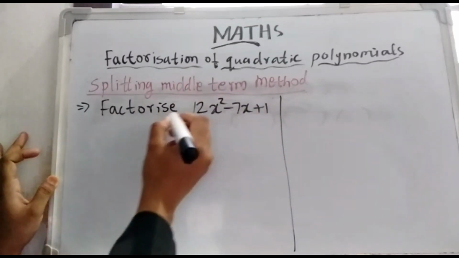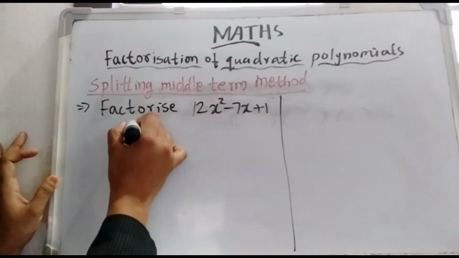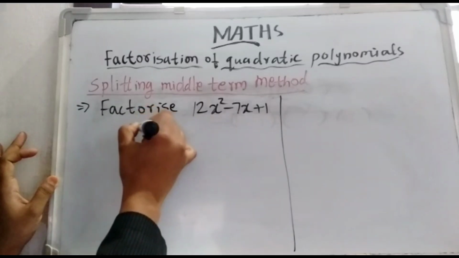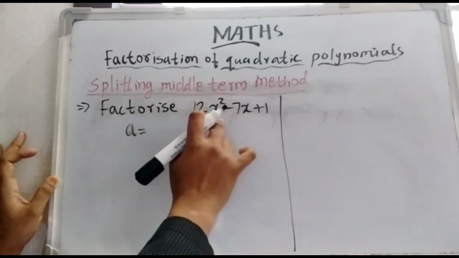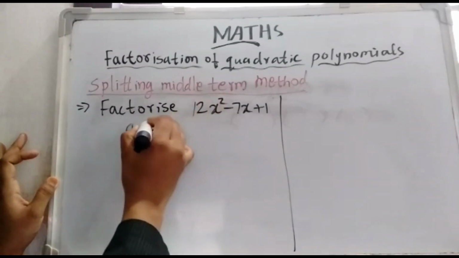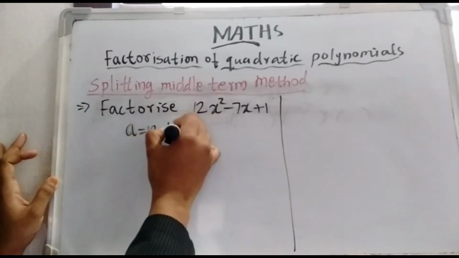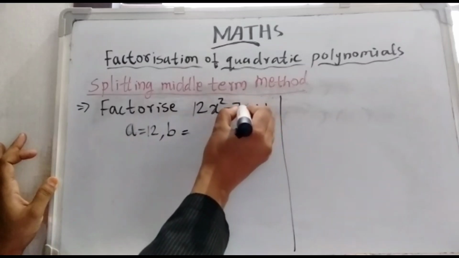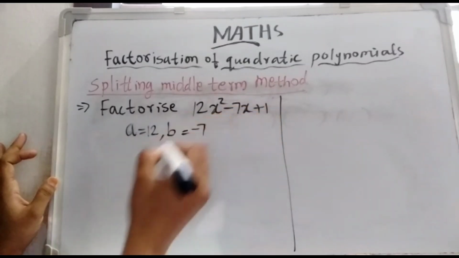See, 12x square minus 7x plus 1. What is a here? a means the coefficient of x square, 12. b is equal to what? Coefficient of x, minus 7.